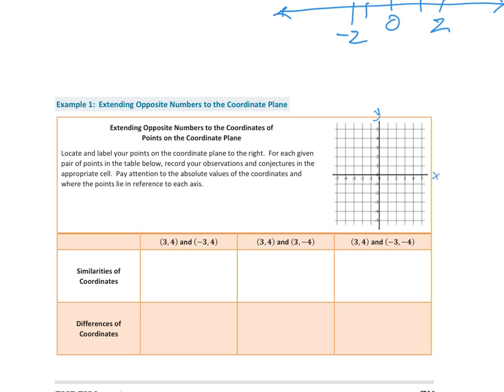So I'm going to look at (3, 4) and then (-3, 4). First question is, what are the similarities of those two points? Well, they have the same y coordinate.